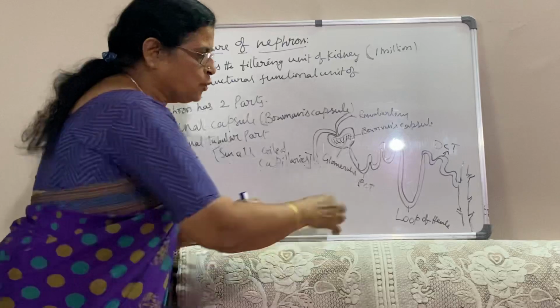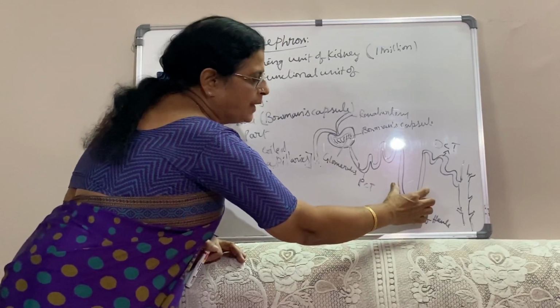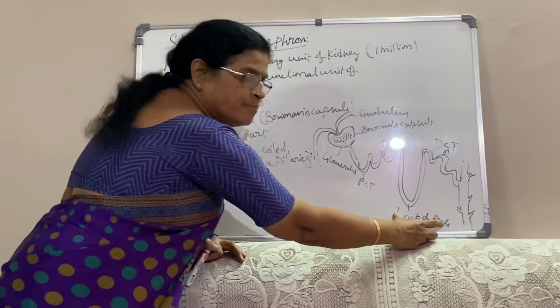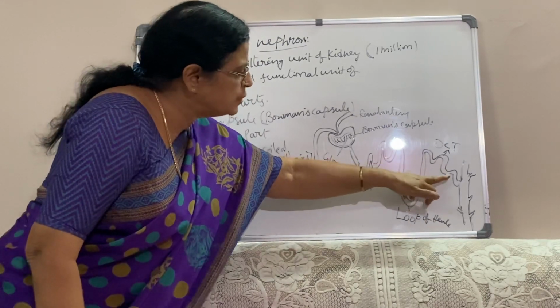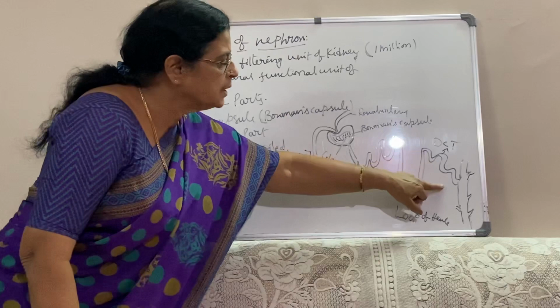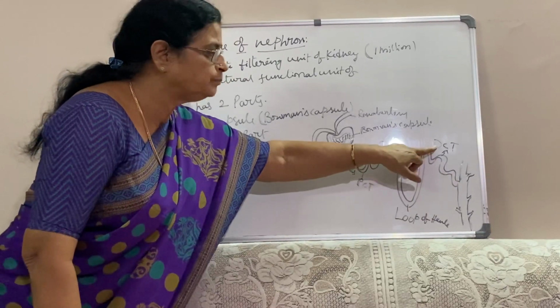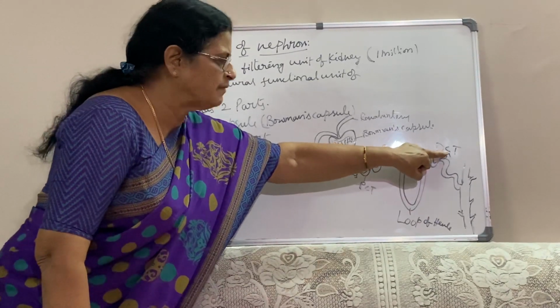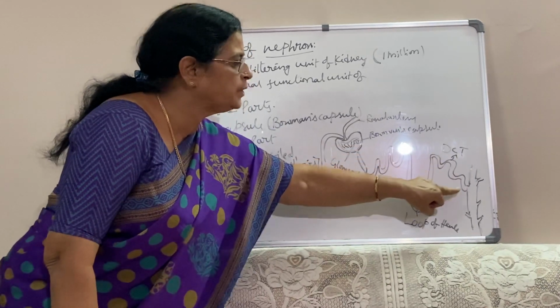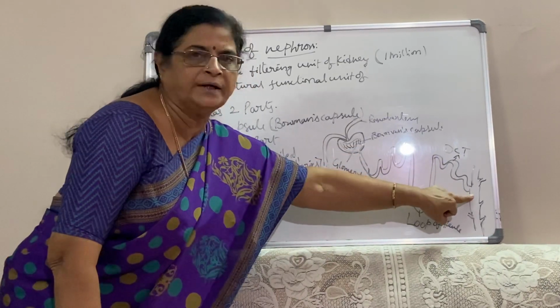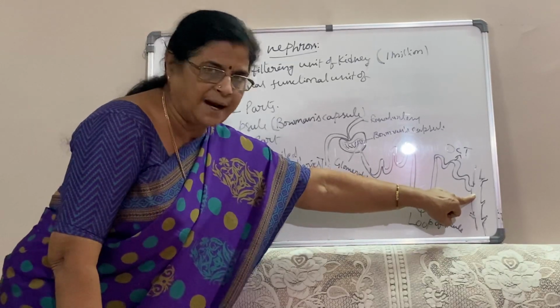This is called the loop of Henle or Henle's tube. Then again you observe convolutions. This convoluted tubule is called the distal convoluted tubule, and it joins a duct called the collecting duct.